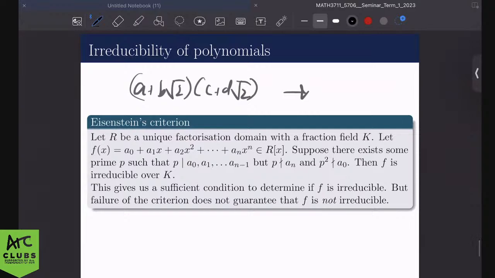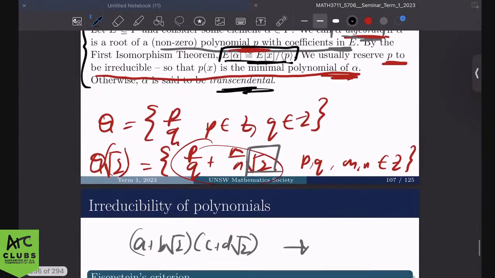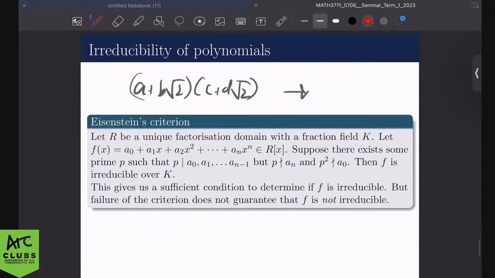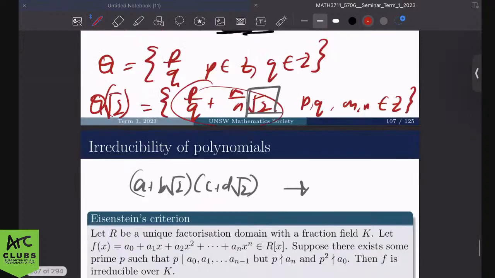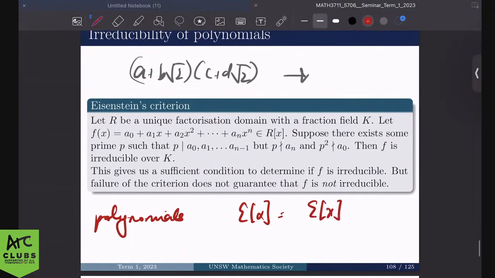One useful thing you can use is to find irreducible polynomials, so often you'll be required to do stuff involving polynomials using this property: E of alpha is equal to E of x quotiented over the ideal generated by P. In order to show this property, you need P to be the minimal polynomial, which means you need a criterion for working out whether a polynomial is irreducible.